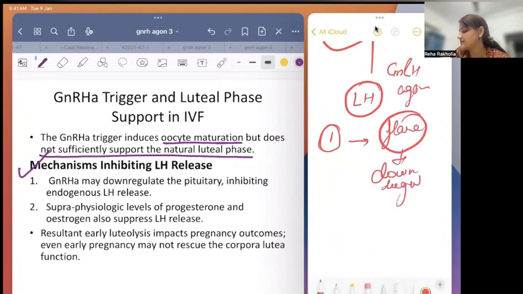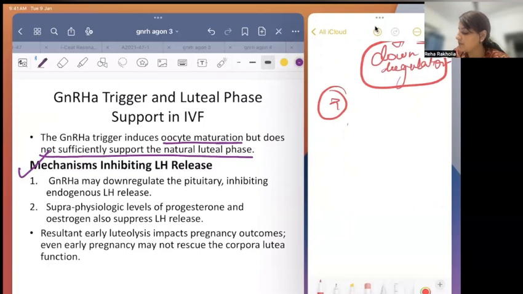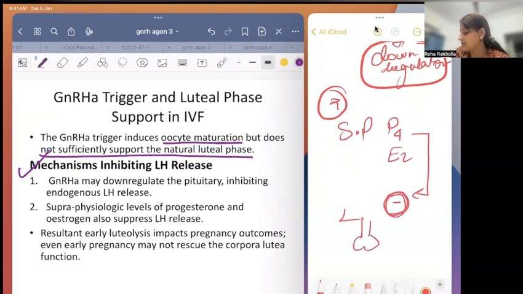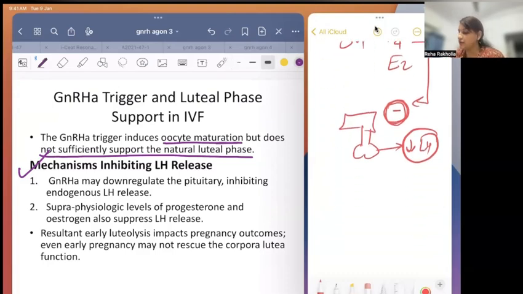Second is the supraphysiological level of P4 and E2. It will give a negative feedback to the pituitary and hypothalamus through the ultra short loop, and there will be decreased secretion of LH. These two are the mechanisms for decreased LH secretion.